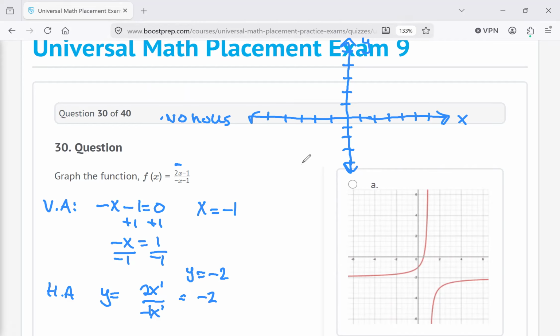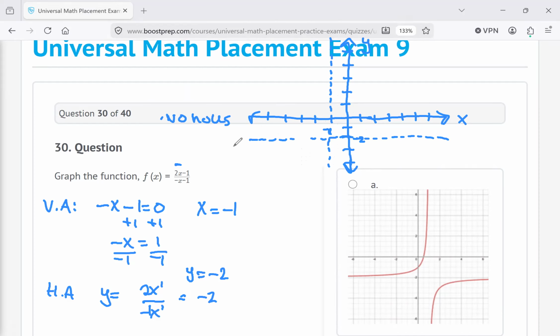Okay, so the vertical asymptote x equals negative 1 would be right here, a vertical dash like that. y equals negative 2 would look like this, a dash line like that. Then you have the right and the left side. I can't use the x value negative 1, but I could use the x value 0 or even negative 1/2.